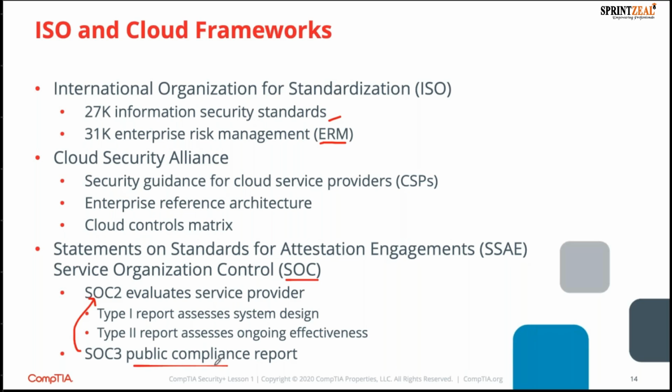That will be the second type of report. That is just to verify whether the organization is compliant with SOC 2. This is to tell the public, the consumers out there, that the organization is SOC 2 compliant. The cloud service provider is SOC 2 compliant. Clear?